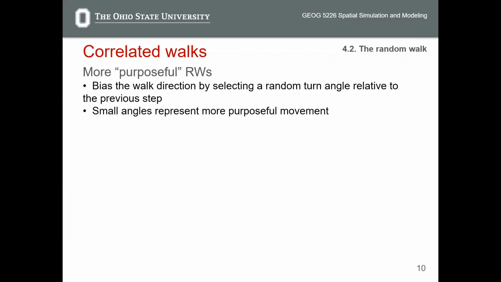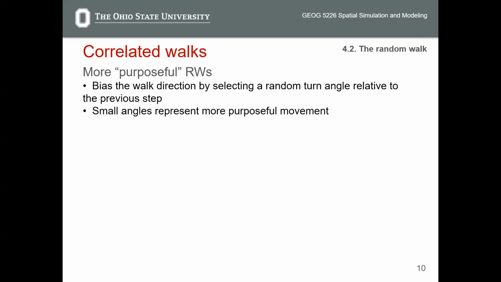It means that for each step, the direction is not purely random anymore. You need to choose a turn angle based on the previous step, which means that the direction of the previous step will affect the direction of the next step, because the next step's direction is within a specific turn angle of the direction of the previous step.